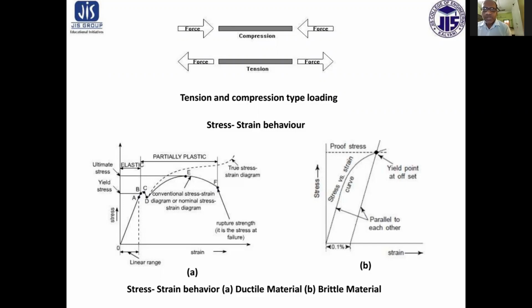Point C is termed the upper yield point. From C to D, with little or no further increase in stress, large deformation is seen, and the curve dips slightly downwards. Point D is called the lower yield point. In this zone, the yielding of the material occurs.